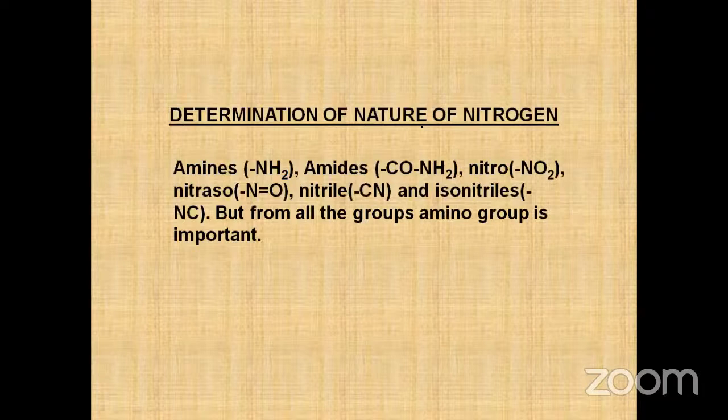Next, determination of the nature of nitrogen. Here, nitrogen may exist in the form of amines, amides, nitro, nitroso, nitrile, isonitrile. Okay, in all these forms, the amino group is very much important because amino again exists in the form of primary amine and secondary amine.